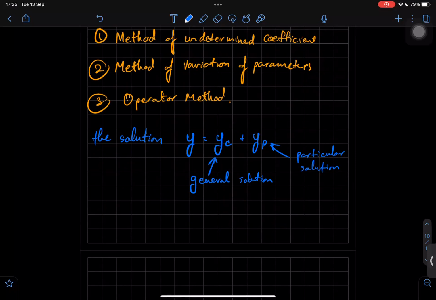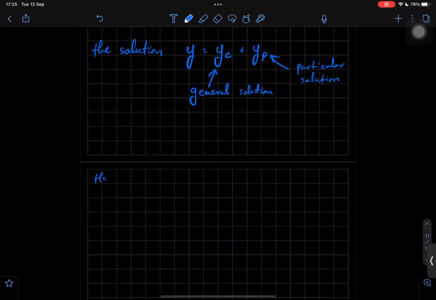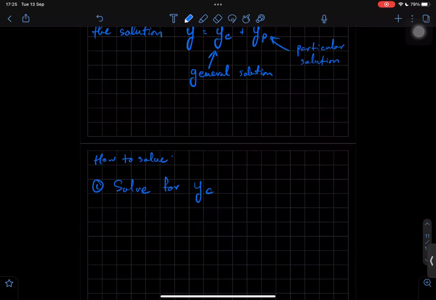We have to find 2 solutions, the general solution and the particular solution. So how to solve? First, solve for yc, the general solution.